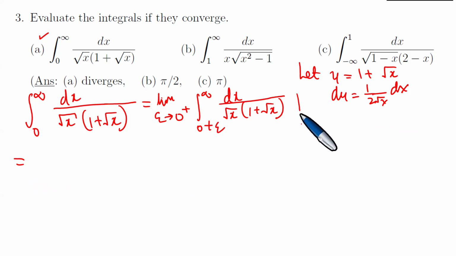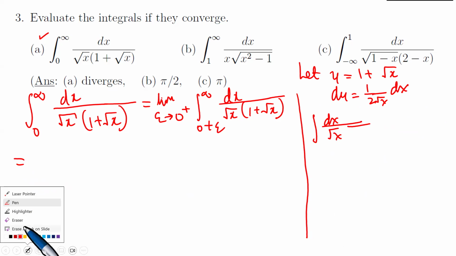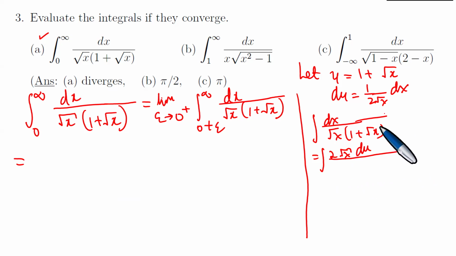Okay, we just need to do the integral here. So when you have the integral of dx over the square root of x times 1 plus the square root of x, what is dx? Dx is 2 the square root of x du.